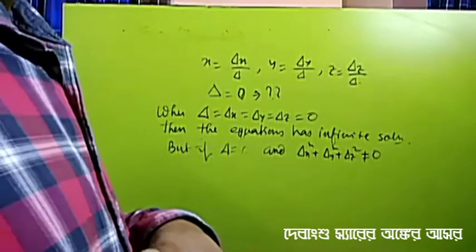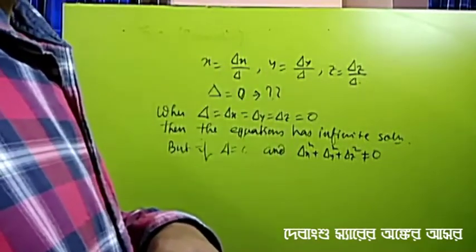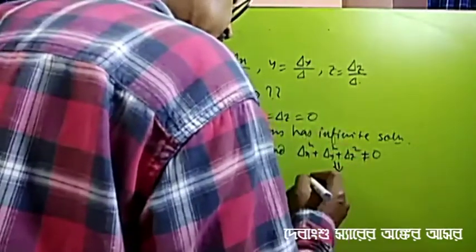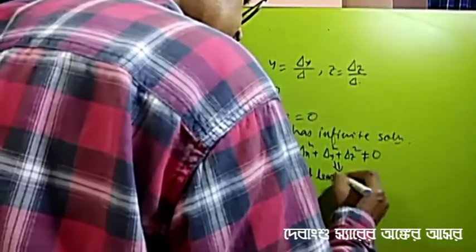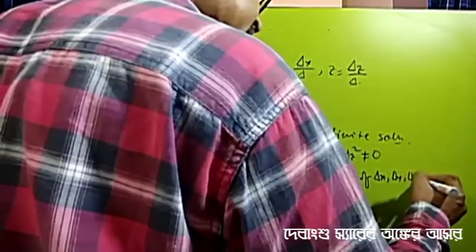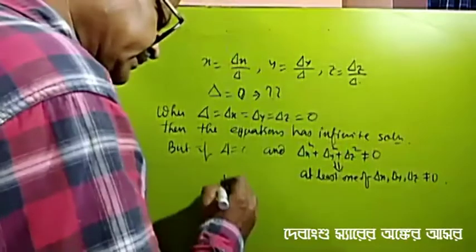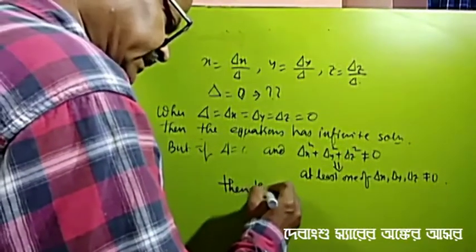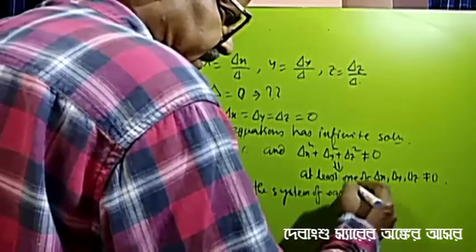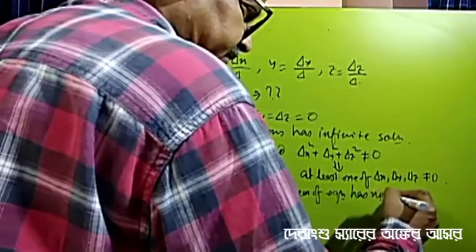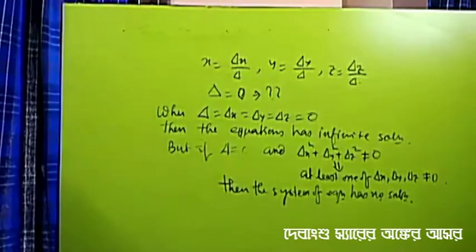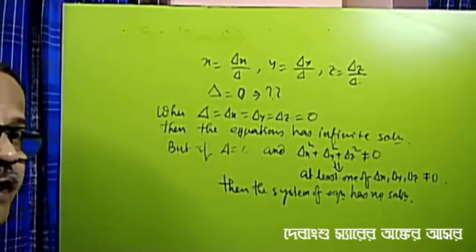The sum is non-zero. That means at least one is non-zero. In other words, at least one of delta x, delta y, delta z is not equal to 0. Then the system of equations has no solution. Clear?